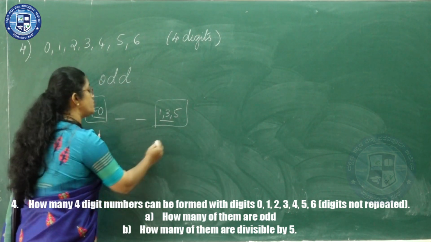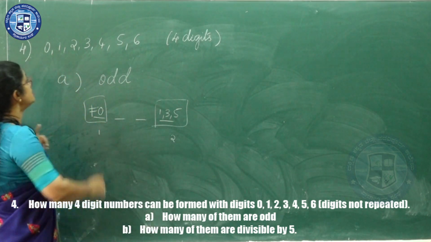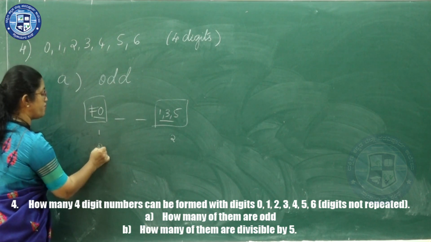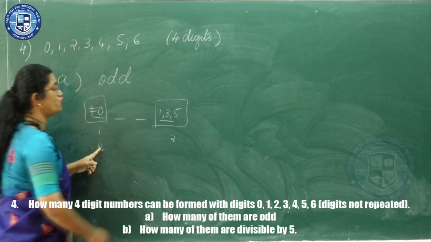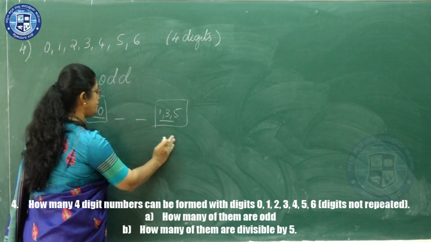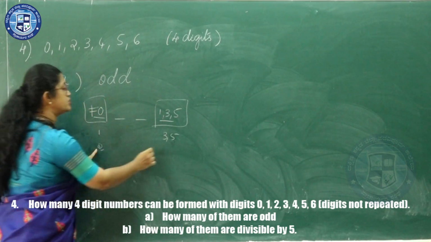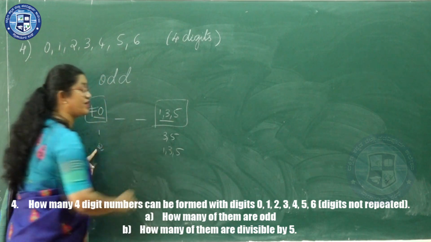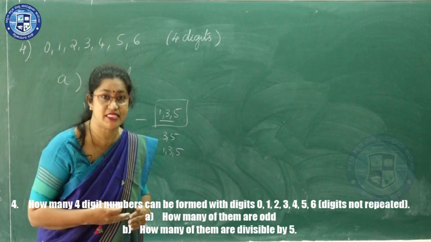But supposing I fill it with the even number, supposing I fill it with 2. If I fill this place with 2, then this place I have 1, 3 and 5. So here when it is 1, my choices were only 3 and 5. But when it is 2, it can be 1, 3 and 5. So it makes a difference. So I should take 2 separate cases.